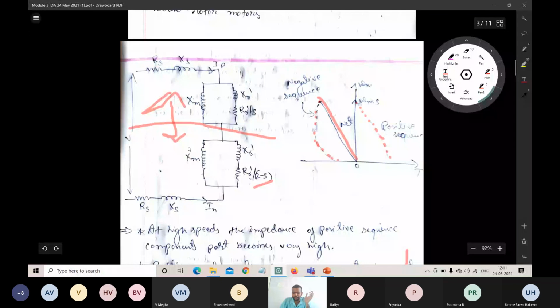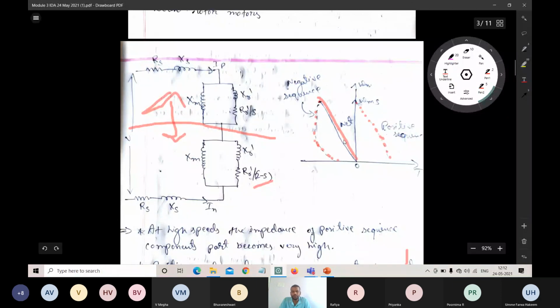Finally the torque characteristic will be this one only, the same thing. You just calculate the positive sequence voltage components and negative sequence voltage components, and combine them. The net torque will be this one only, and here also the same. This is not enough to bring the motor from high speed to 0 speed.